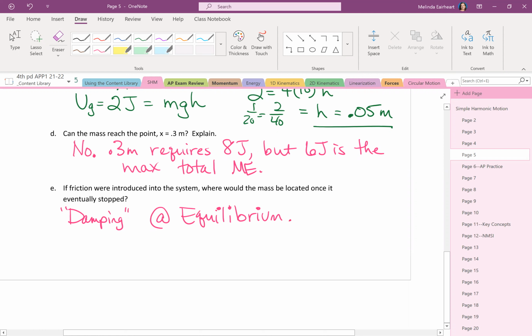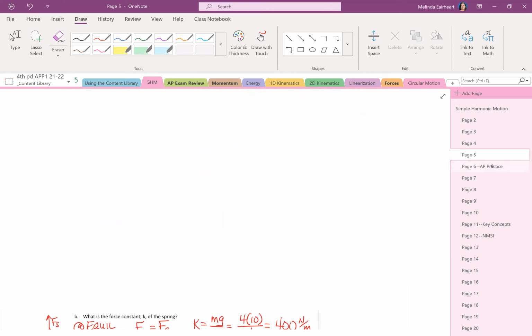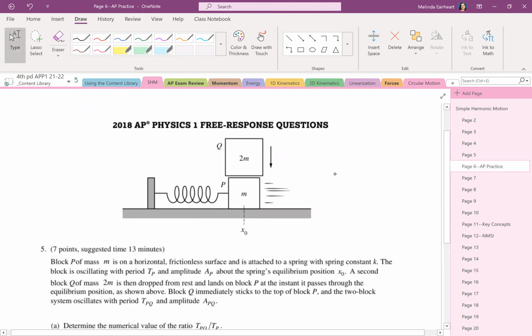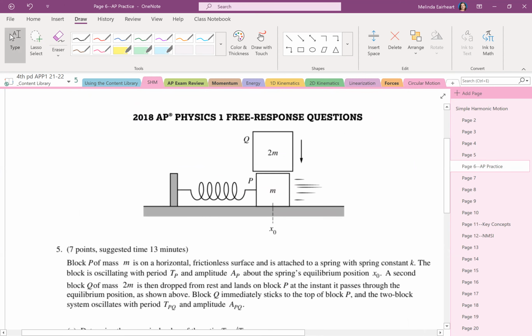Good deal? All right, next time, because I definitely don't have enough time, look at page 6. In 2018, this was a free response. Now, it is a paragraph response, but here's what you can expect on the May exam. This one is a triple topic. There's going to be a collision.